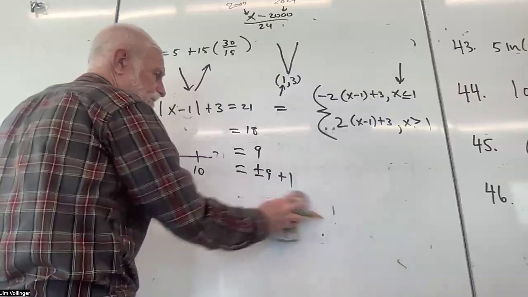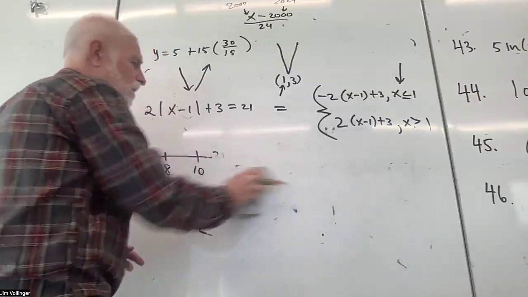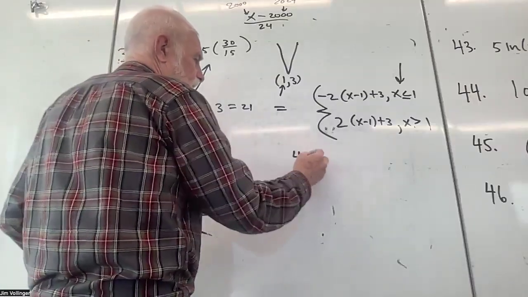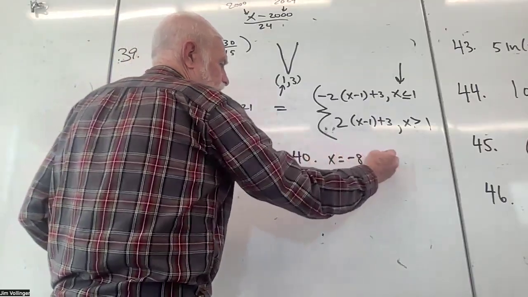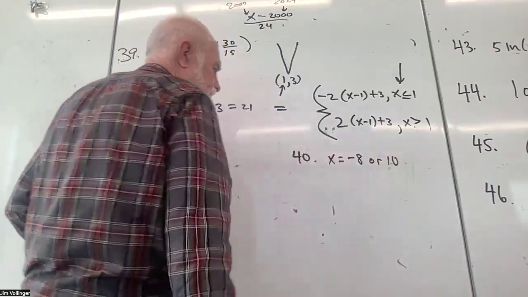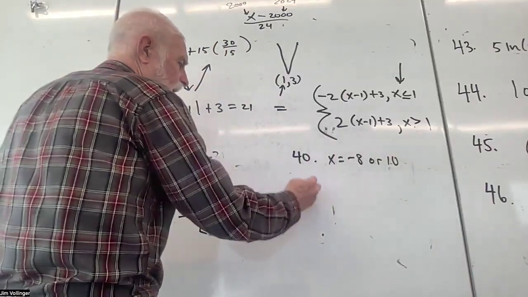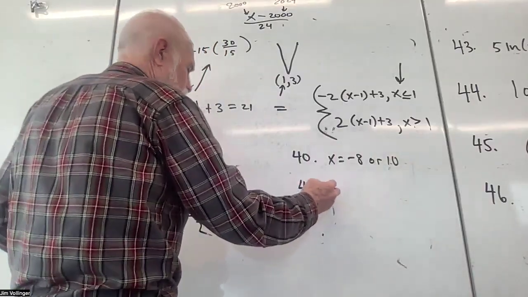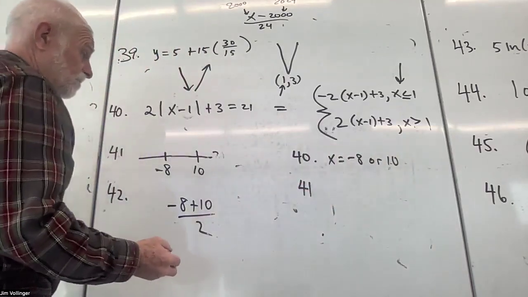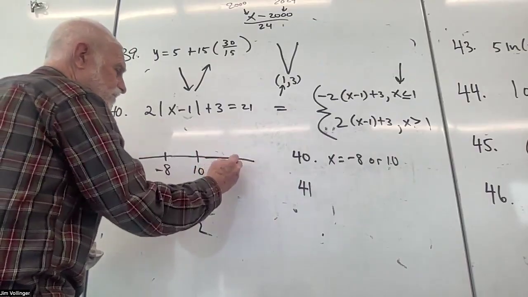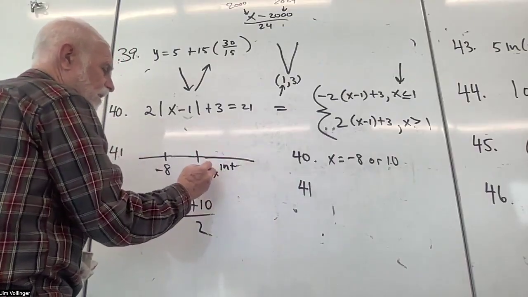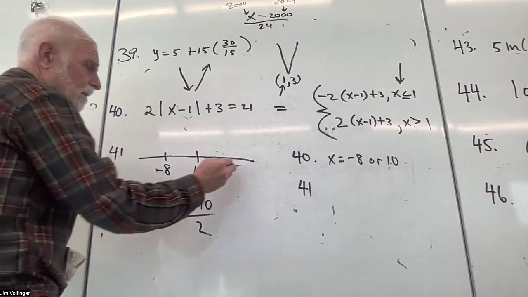That was another question. So the answers to number 40 were x could equal -8 or 10, that will get me 21. And now, when am I bigger than 21? Well, let's actually put some numbers bigger than 10 in and see if this interval, for x values greater than 10, is going to work.